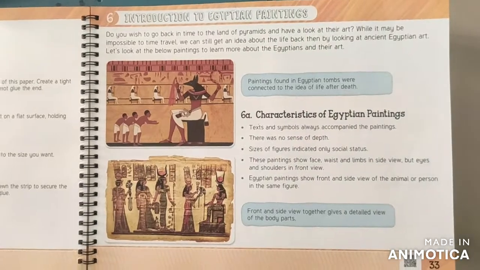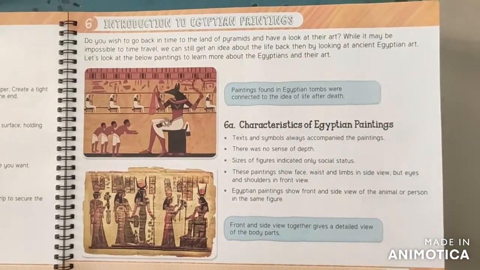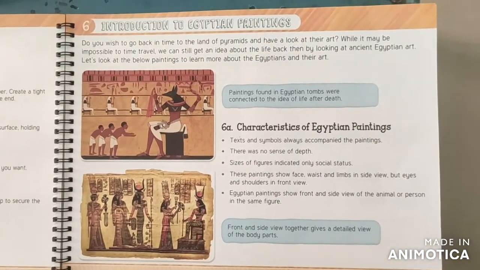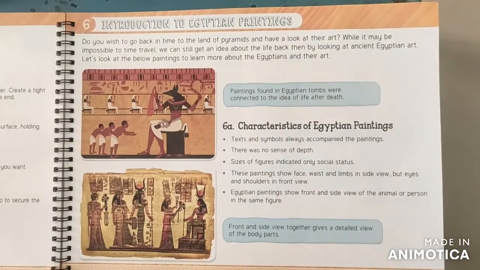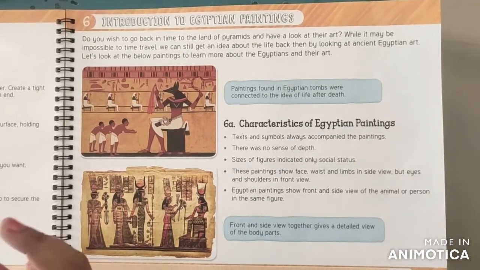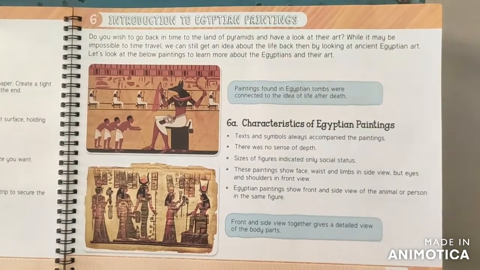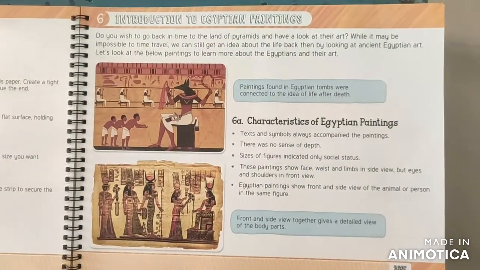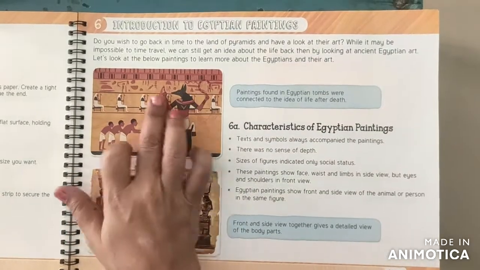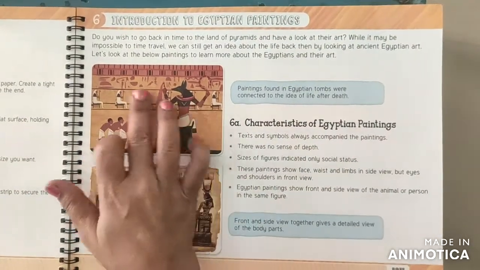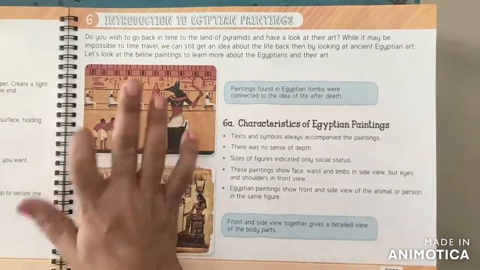Okay. Now let's see the characteristics of Egyptian paintings. Texts and symbols always accompanied the painting. Accompanied means connected, showing in their paintings some text and symbols. Texts are like that. Here we see in here. All these are texts using some symbols.